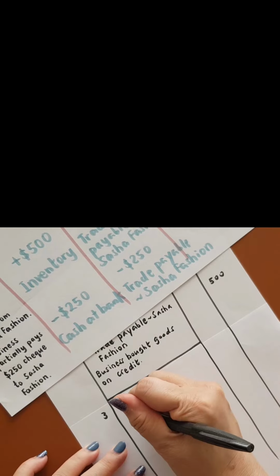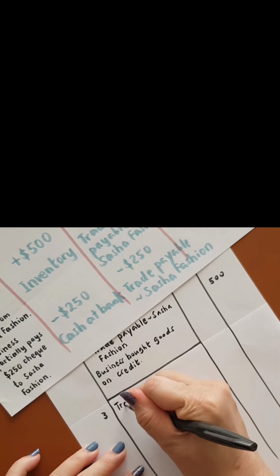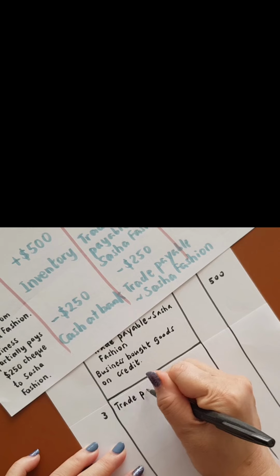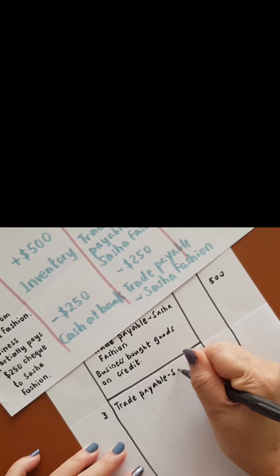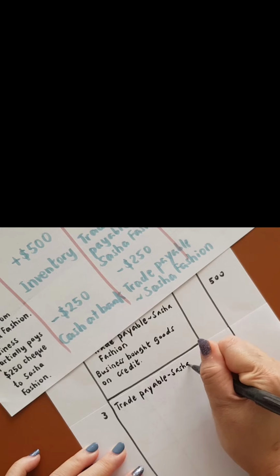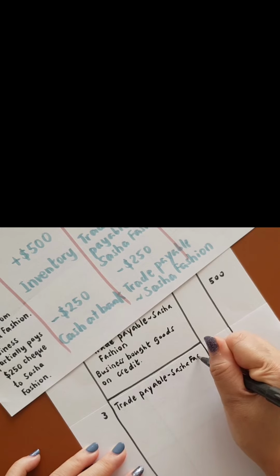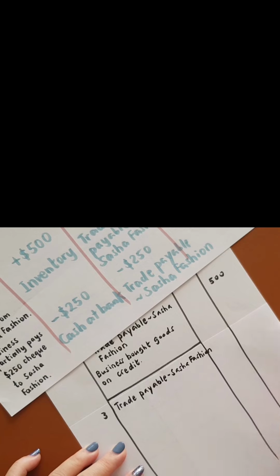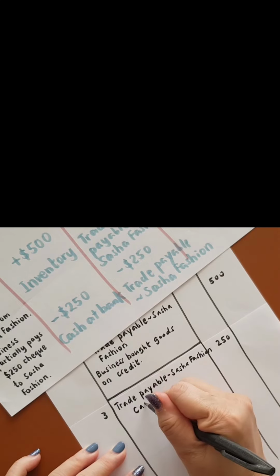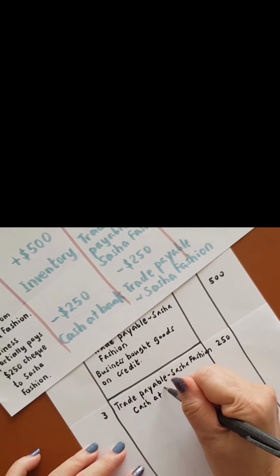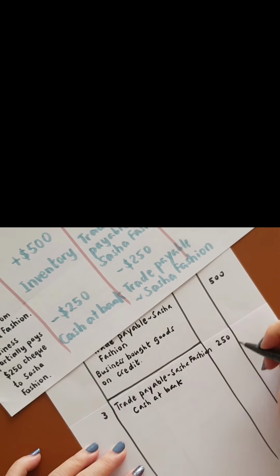So I will write trade payable Sasha Fashion, and that would be debit of 250, and then I would have to credit this cash at bank 250.